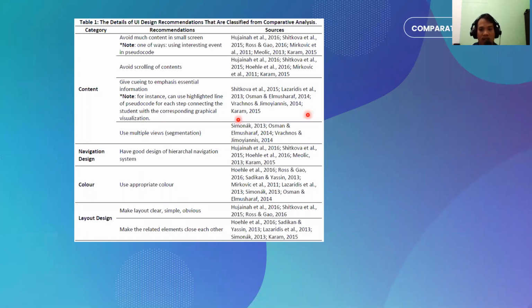We compared 12 previous studies, and these studies basically consist of studies on UI design based on mobile design guidelines, and we also collected some previous AV design guidelines. We also looked at UI design guidelines and usability principles for designing a mobile app, and many other studies which are related to one another. So this is the result.